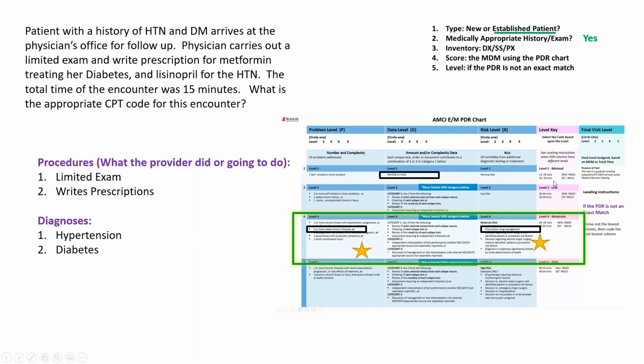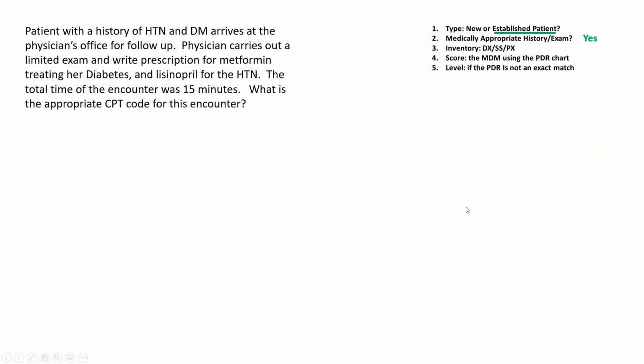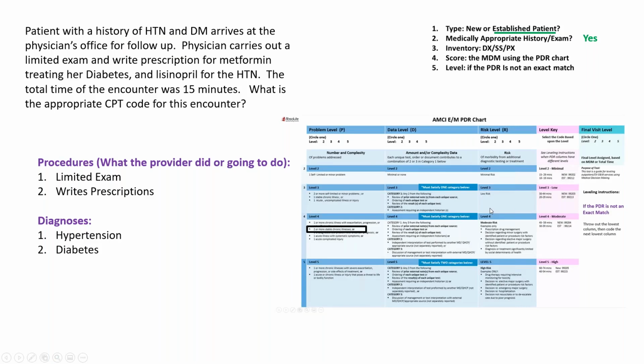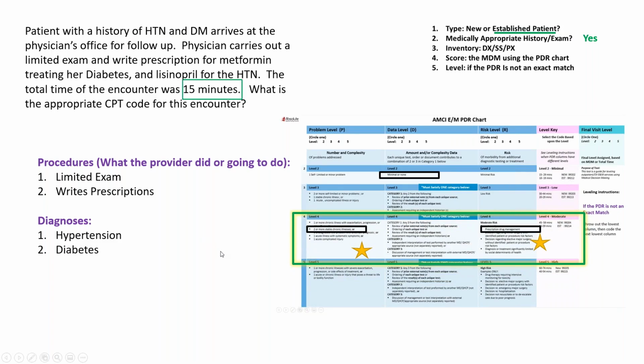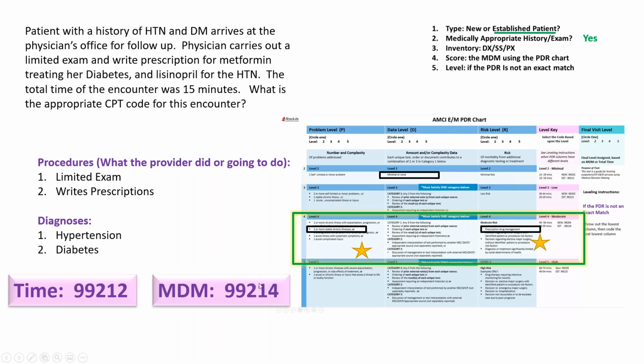All right, so 15 to 29 minutes is 99212. So if we code based upon time, this encounter would be 99212. However, if we scored the MDM, this encounter would be 99214.